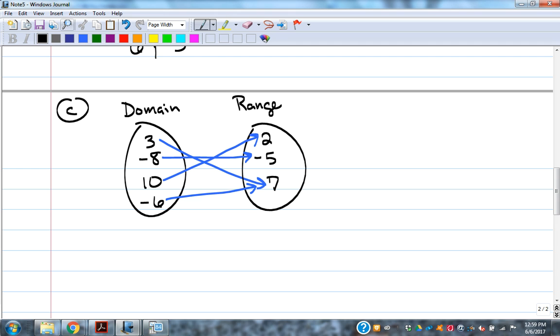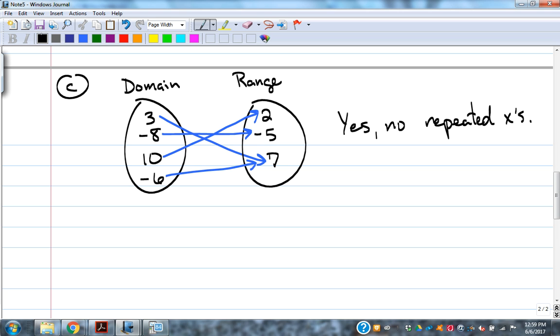A y value. Is it okay to repeat y's? Yeah, it is. It's legal to repeat y's. You can't repeat your x's. So no repeating x's, but it's okay to repeat y. So this is yes, it is a function. No repeated x's.